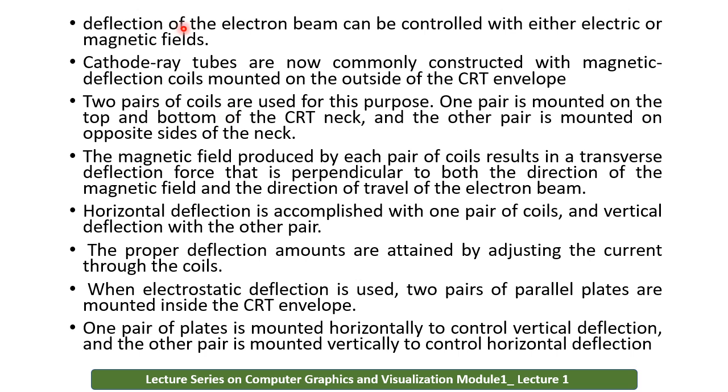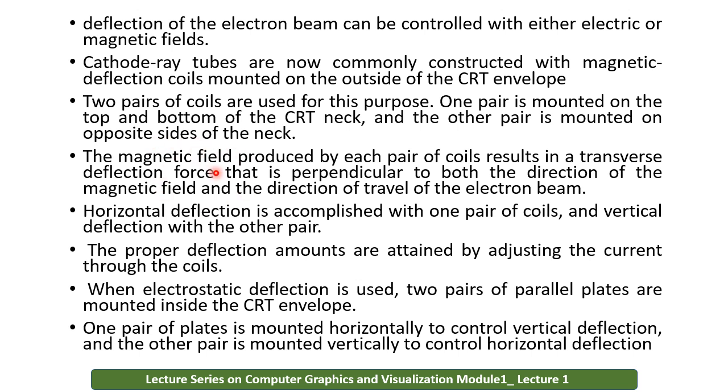The deflection of the electron beam can be controlled with magnetic fields or electric fields, and CRT tubes are now commonly constructed with magnetic deflection coils mounted on the outside of the CRT envelope. Two pairs of coils are used for this purpose. One pair is mounted on the top and bottom of the CRT neck, and the other pair is mounted on the opposite sides of the neck.